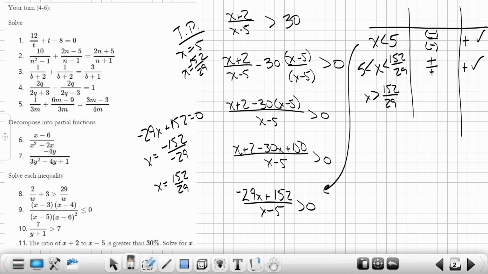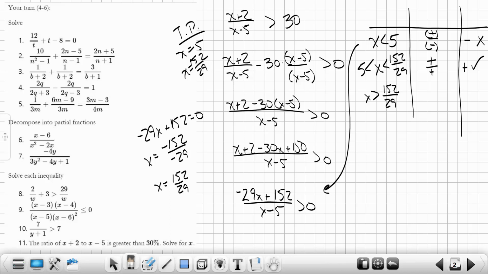That works. Maybe when I pick something less than 5. Oh, when I pick something less than 5, I'm sorry, I'll get a positive over a negative. That's a negative. That doesn't work. Didn't realize. Doesn't work. Okay. And I pick something greater than 152/29.